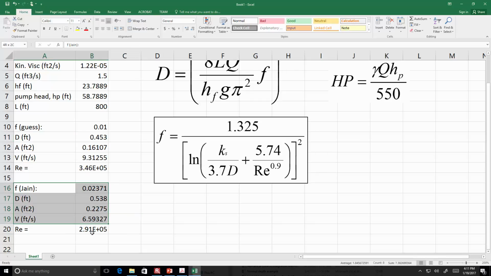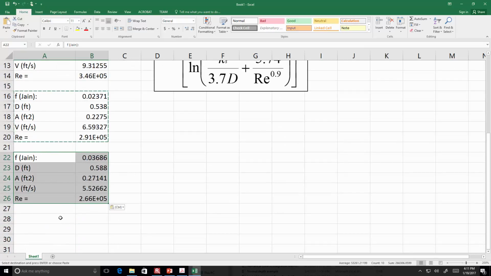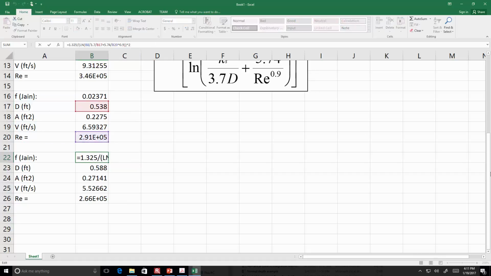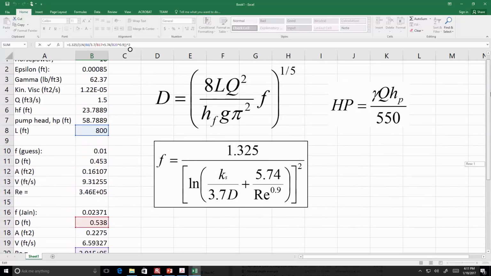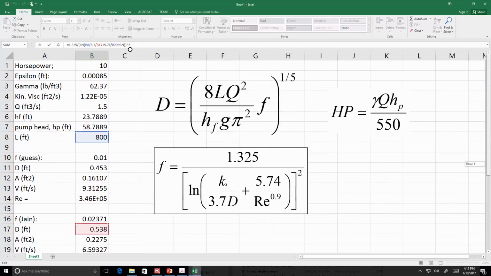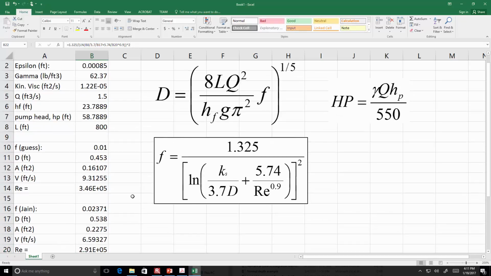So we can copy and paste again. Something went wrong in that step. I think something wasn't anchored that needed to be.